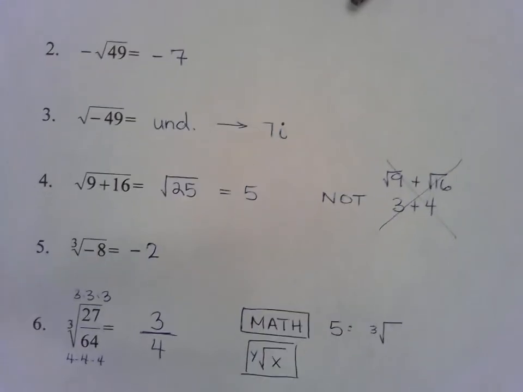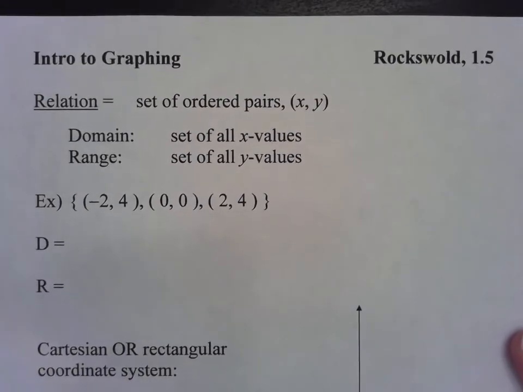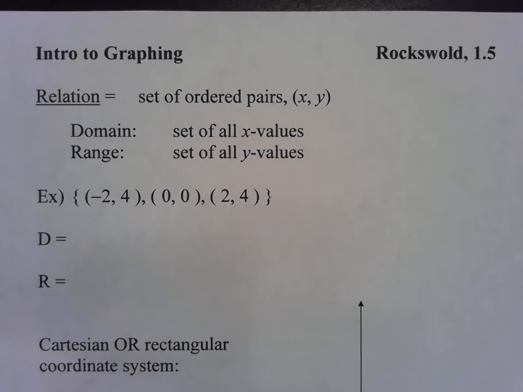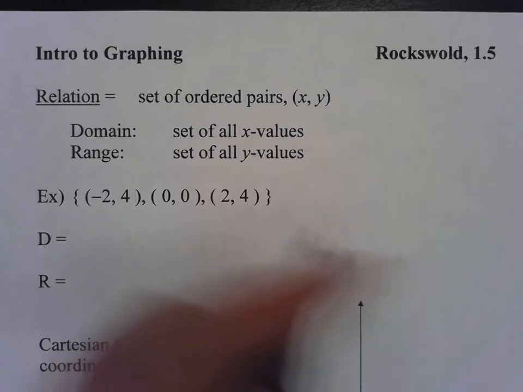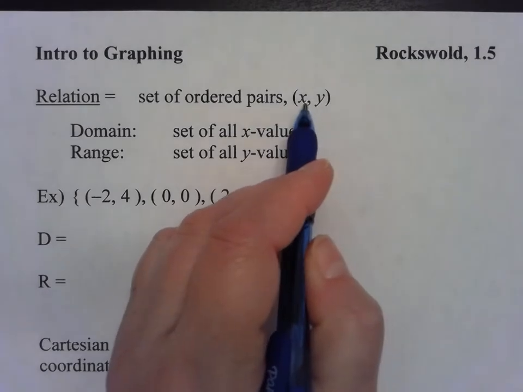All right. Let's take a look at a quick recap of graphing. We have what's called a relation, which is just a pairing of numbers from two different sets. Usually we talk about x's and y's, but these could represent anything.